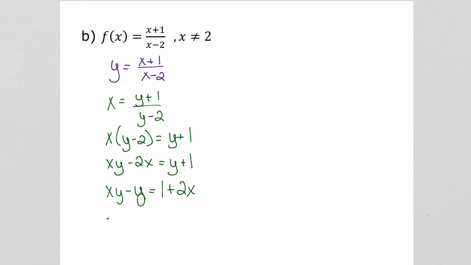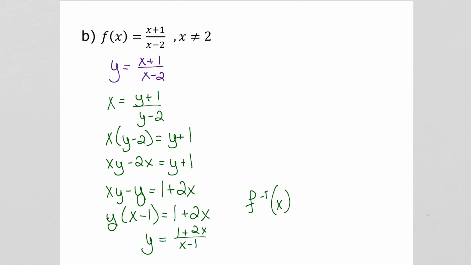So to get this y by itself, we need to factor it out. And then we can divide by x minus 1. And we have our inverse function: 1 plus 2x over x minus 1.